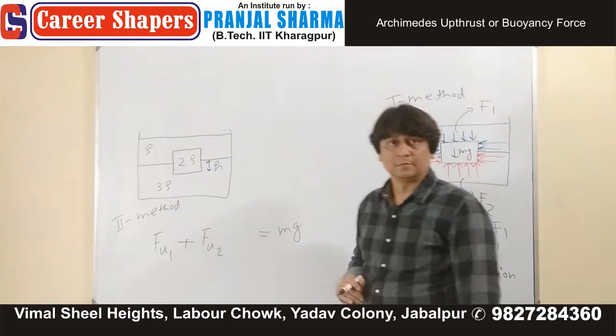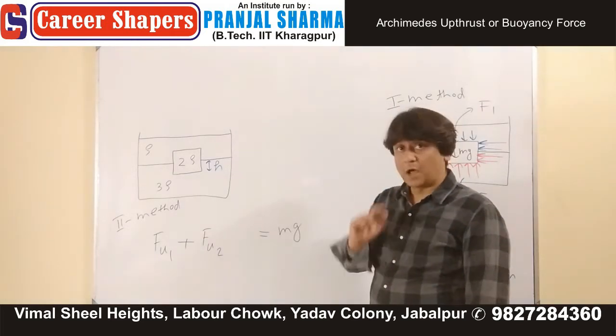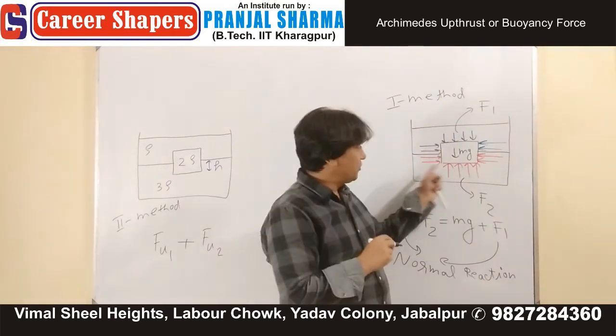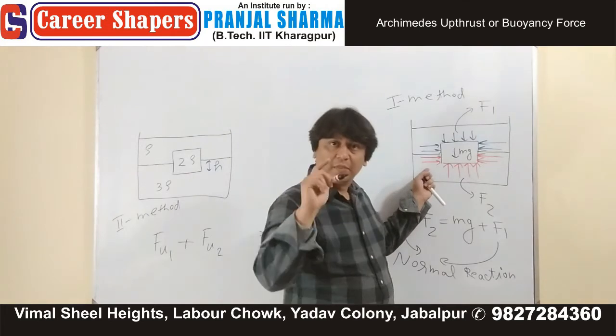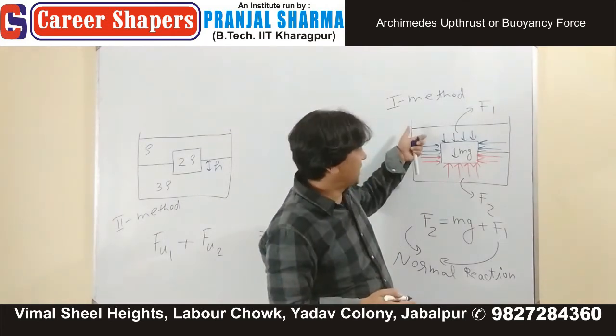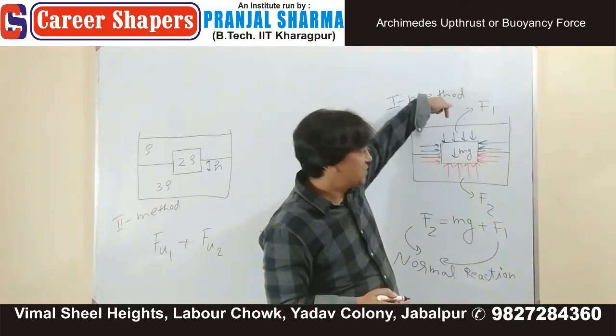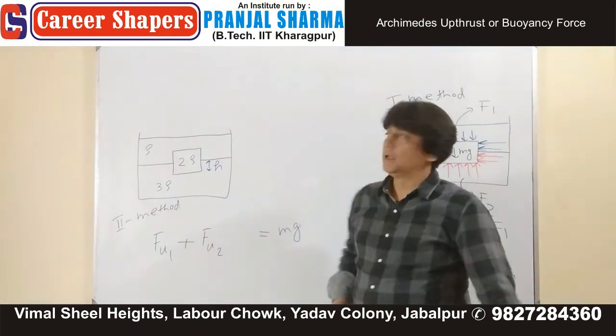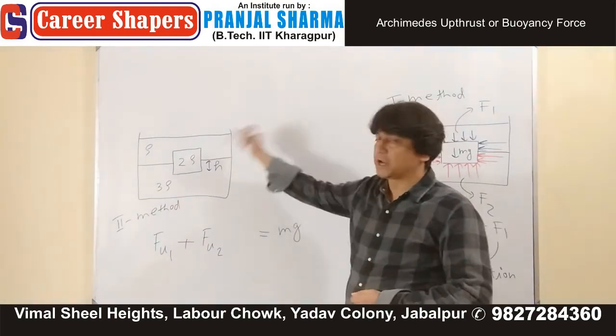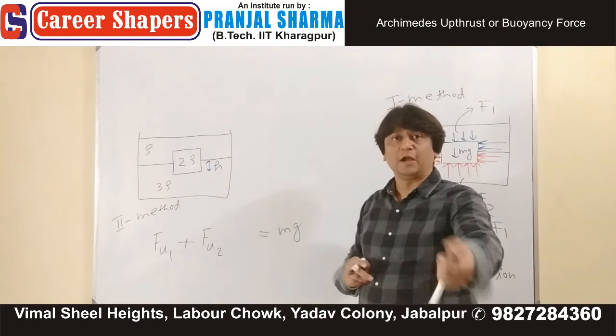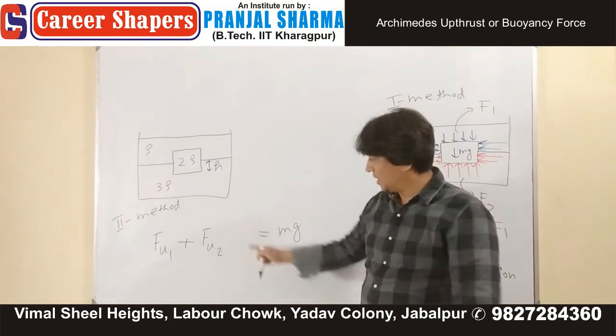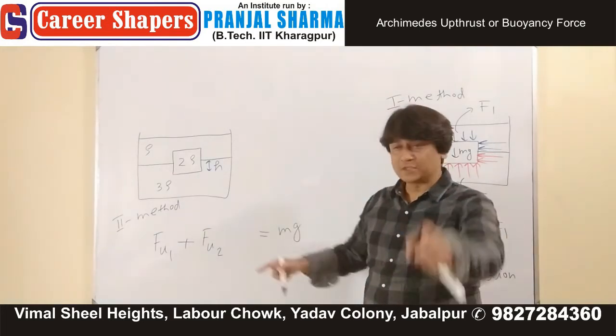Upthrust. Now, if you look at this basic figure, then definitely first liquid is pushing this object down, but अपने को बताइए कि अगर ऑब्जेक्ट लिक्विड के अंदर है तो अल्टीमेटली उस पर क्या लगता है? अपथ्रस्ट. And what is upthrust?